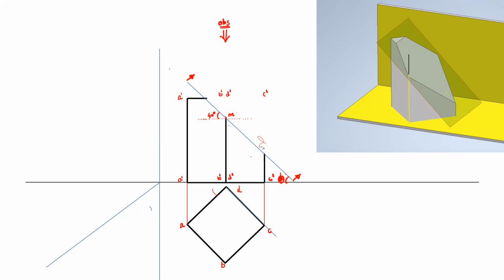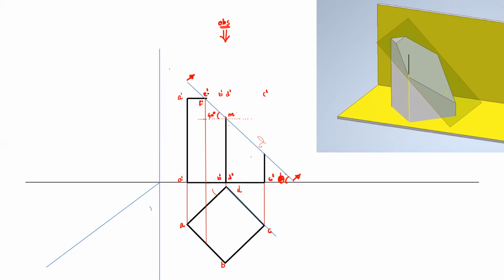For the remaining portion, we will draw the sectional top view and sectional side view. To draw the sectional top view, we need to project these extra points. Take this as E dash and F dash.